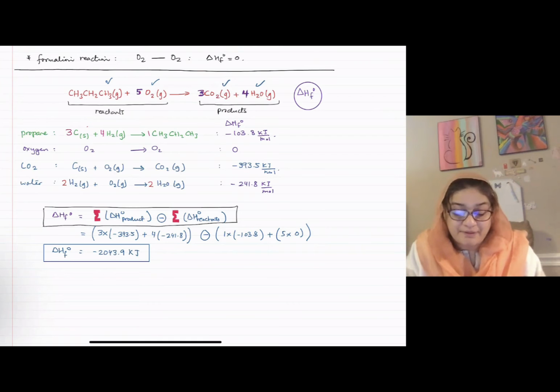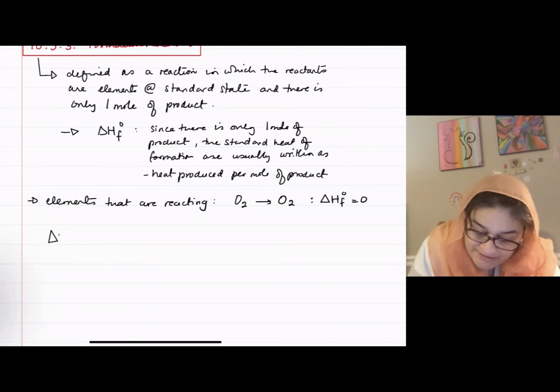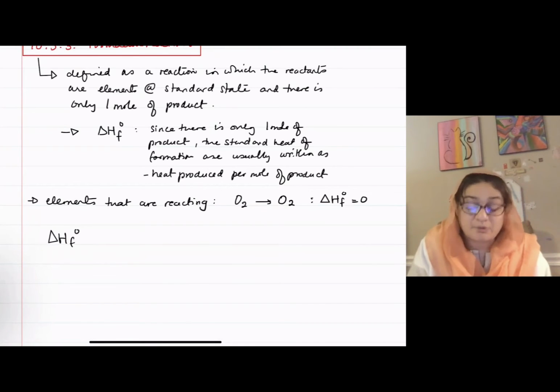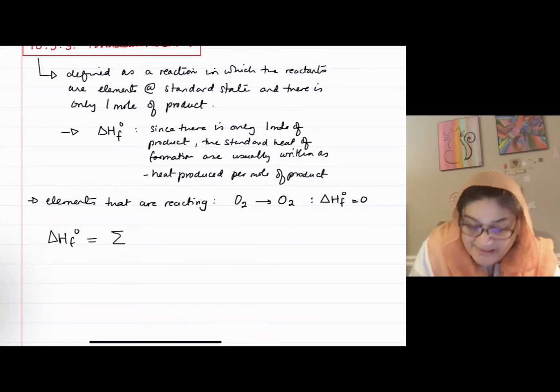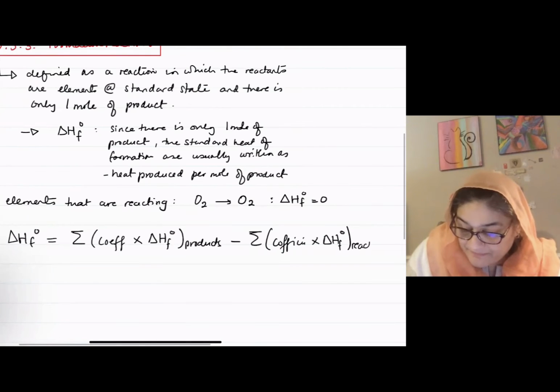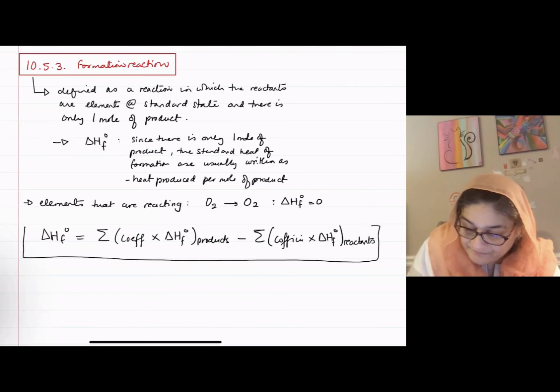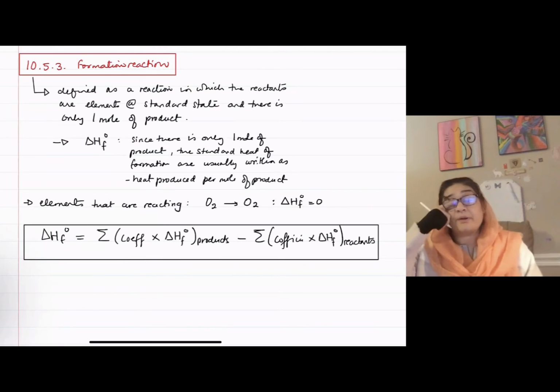So delta H0 will officially be defined as the heat of formation: the sum of the coefficients times the delta HF0 of the products, minus the sum of the coefficients times delta HF0 of the reactants. So put this in a box. We're going to use that.